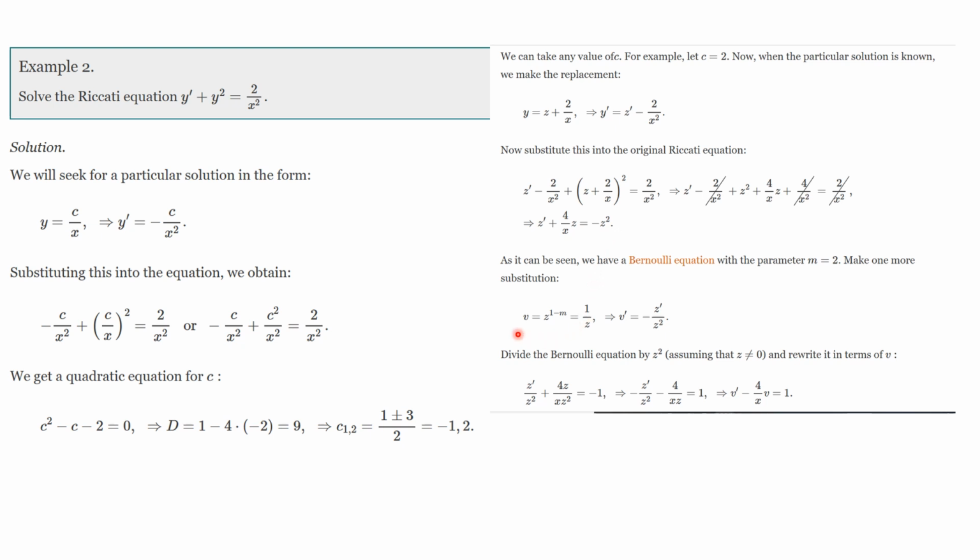So we can make the substitution that we learned in the Bernoulli equation to change this into a linear equation. And the linear equation is going to be this one. Now, we have to be careful because there's a minus sitting there, but it will all be good.